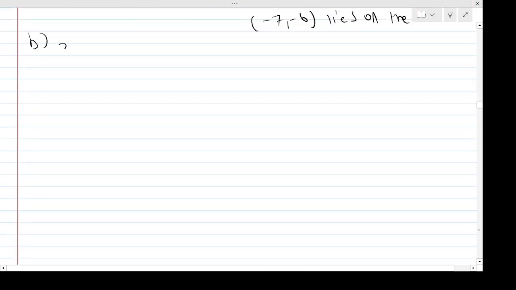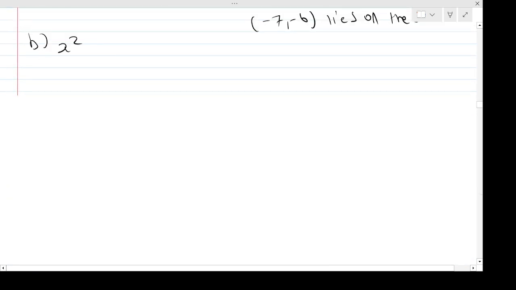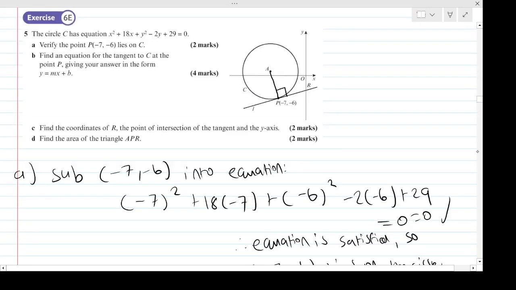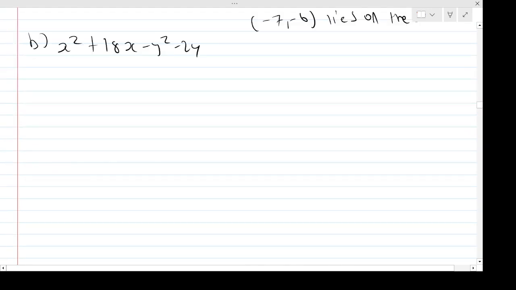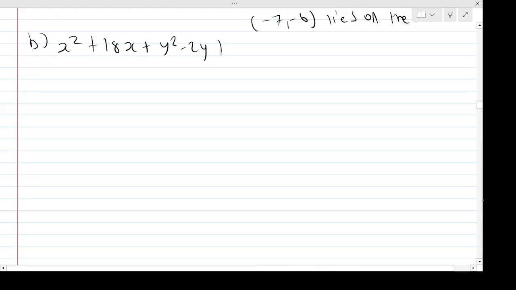So if I copy that down, I have x squared plus 18x, add y squared, take away 2y, add 29 equals 0. To get it into the standard form of a circle to find the centre, I need to complete the squares on the x and the y parts.